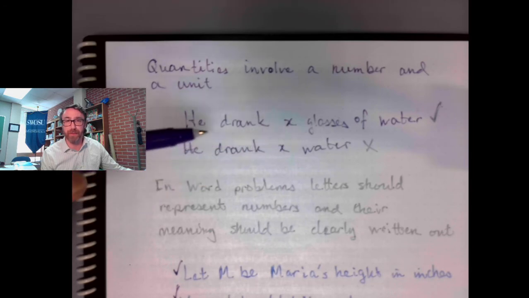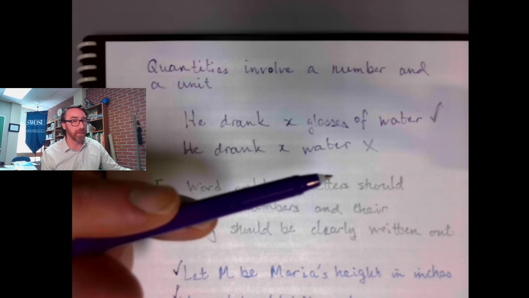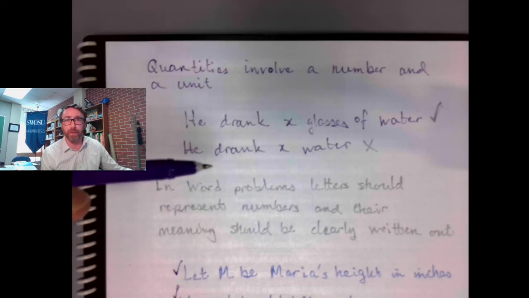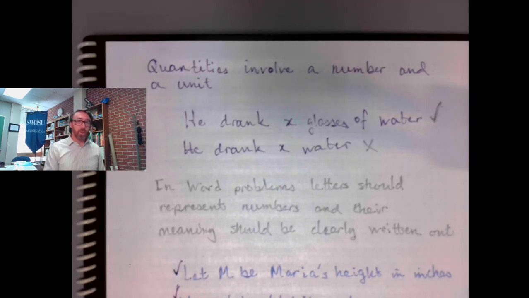Glasses is the unit. He drank X glasses of water. He drank X water, that's no good. To say he drank 3 water, what does that mean? Okay, that's not a thing. So when you are using letters in pre-algebra, make a habit out of specifying in writing what the letter is standing for. The letter's got to stand for a number, so you've got to specify the units as well.